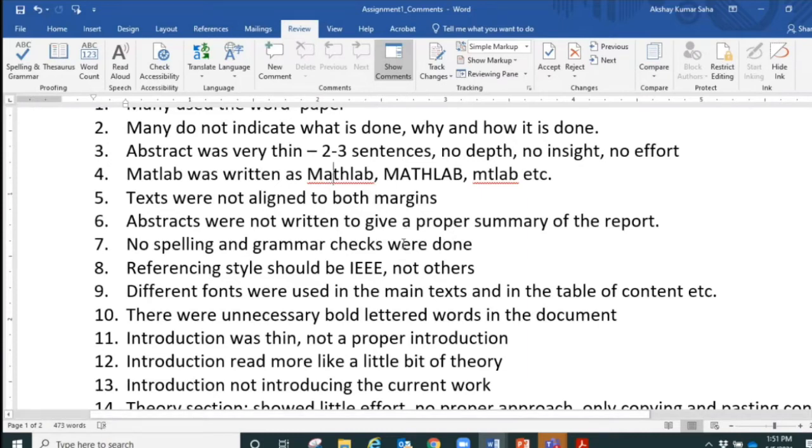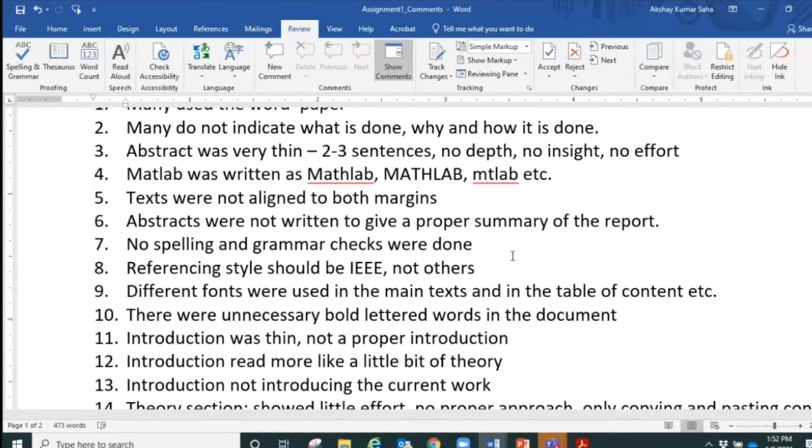But I found that MATLAB is written like MTLAB. What does it mean? What does it tell? If people from outside the university who know what MATLAB is see these words, will they hire us?